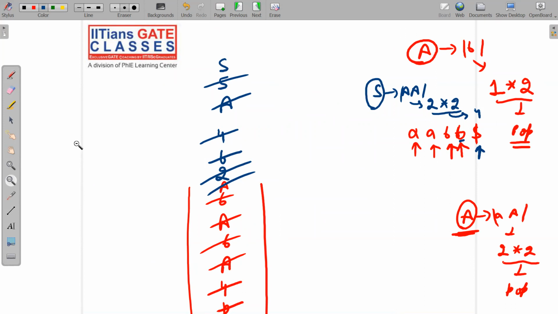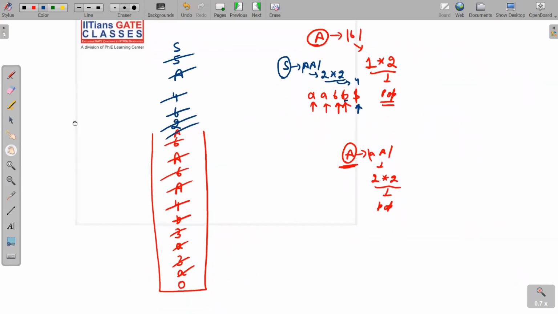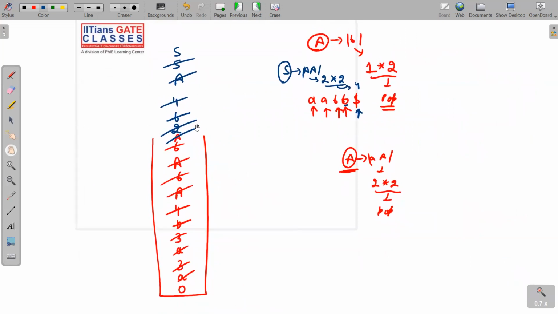Now see, S is not a state number, because we need a state number. So what will be the state number? Let's see. 0 was initially present. Everything has been popped off, only 0 is left.